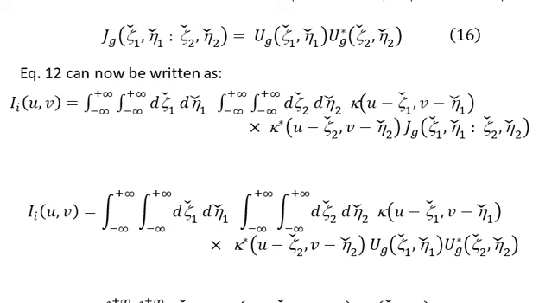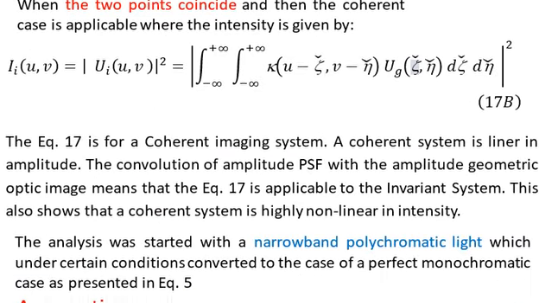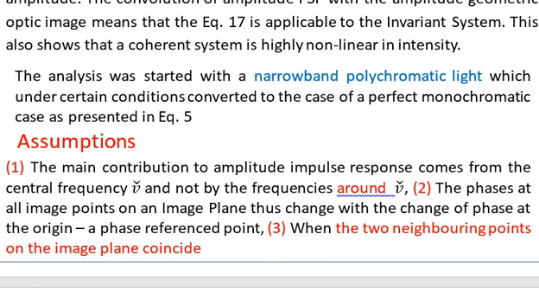So it means that kappa was written only for the central frequency. For the polychromatic source, we can write kappa independent of time, and this is also what we assumed for the narrowband coherent imaging system. So this is the first case, where we have written kappa under condition number 1.